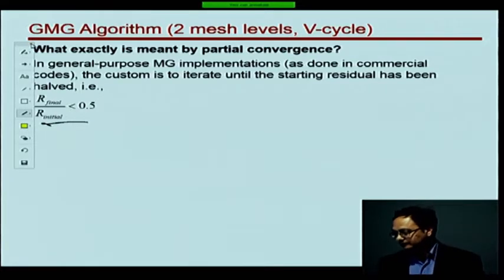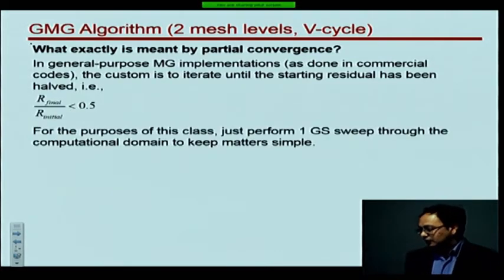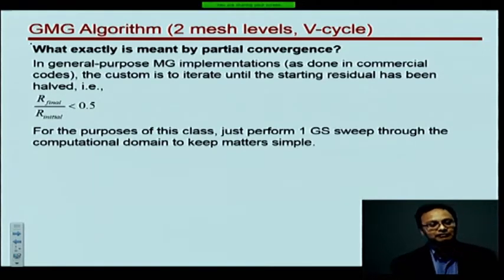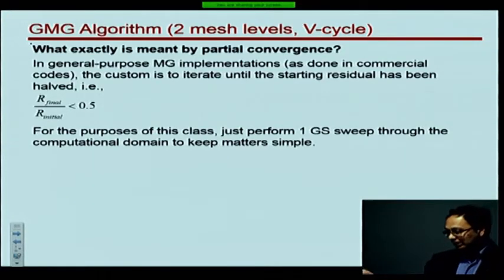So for the purposes of this class, I would say just perform 1 Gauss-Seidel sweep through the entire computational domain in this step. And you will actually find, if you are keen enough to fool around with this and really look for its performance characteristics, that doing more than 1 sweep, even if you do 2 sweeps, is not going to change your overall convergence too much.